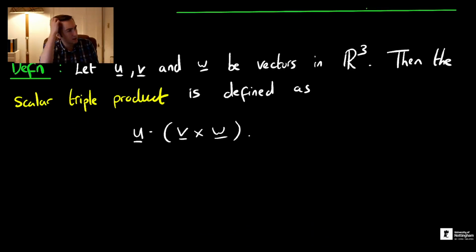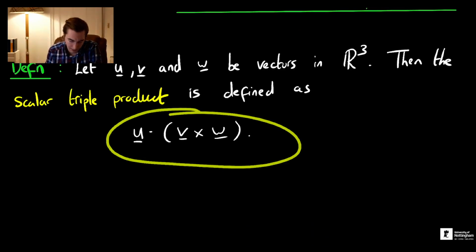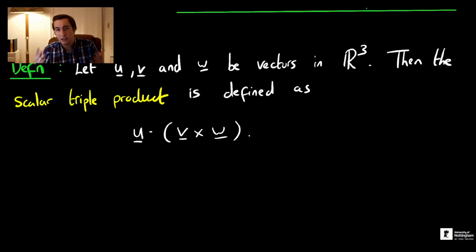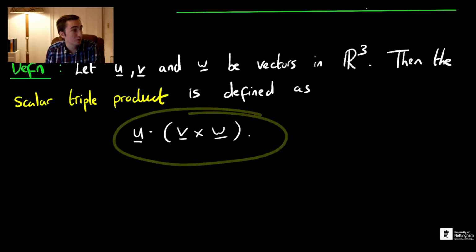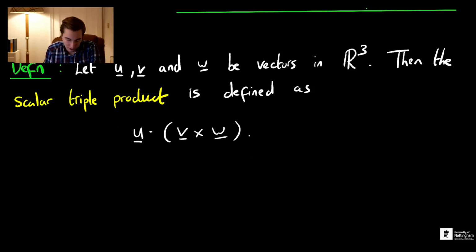And why is this useful? Well, this quantity, this scalar triple product, has a relationship to geometry. Much like when we saw the norm of the vector product was equal to the area of a parallelogram spanned by the vectors v and w, the scalar triple product corresponds to the volume, or if we take the norm of it, that gives us the volume of a parallelepiped spanned by the vectors u, v, and w.